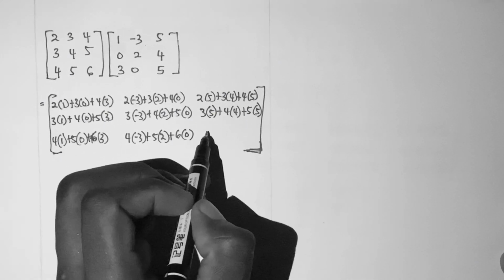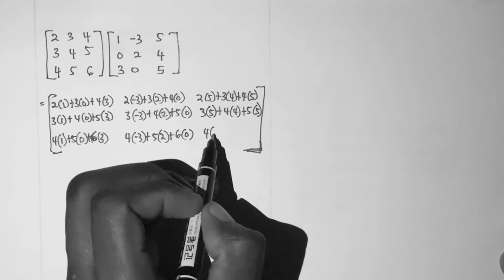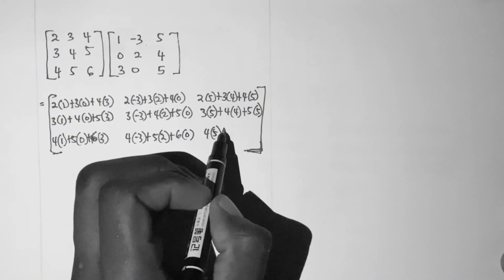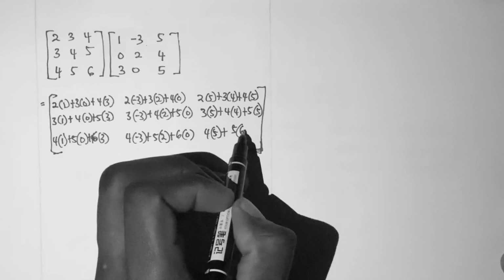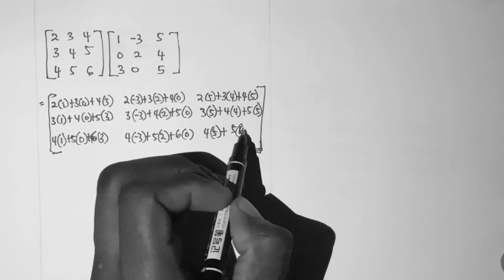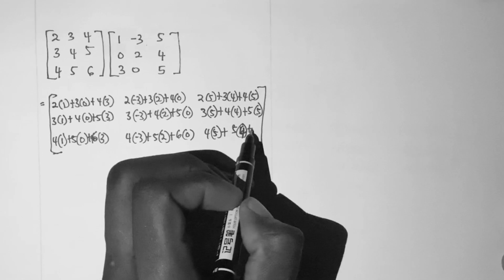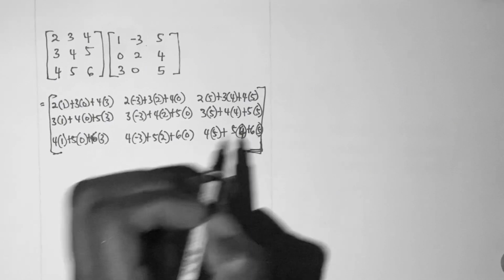Then here is 4 times 5 plus 5 times 4, then plus 6 times 5.